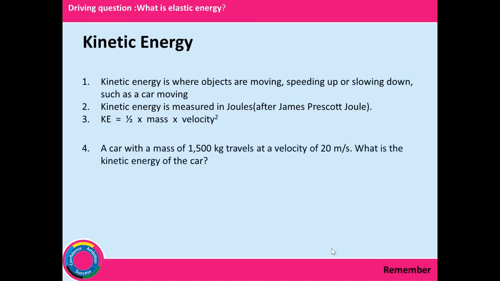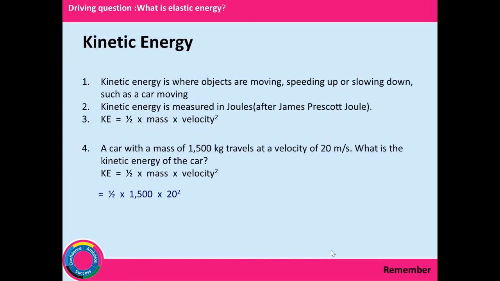And here is our question. A car with a mass of 1500 kilograms travels at a velocity of 20 meters per second. What is the kinetic energy of the car? First step is you need to write down your equation. Energy is half mass times velocity squared. Then put in your numbers, like so.